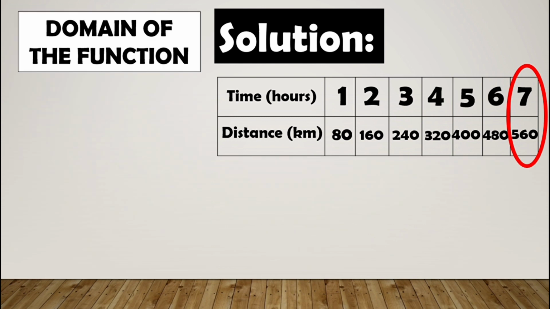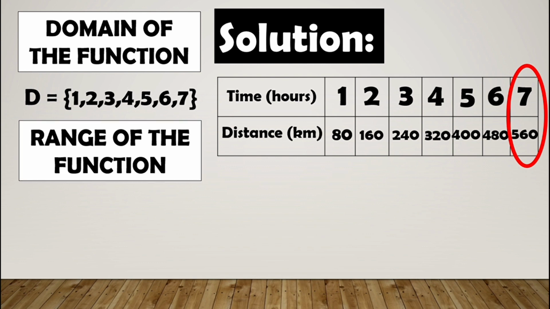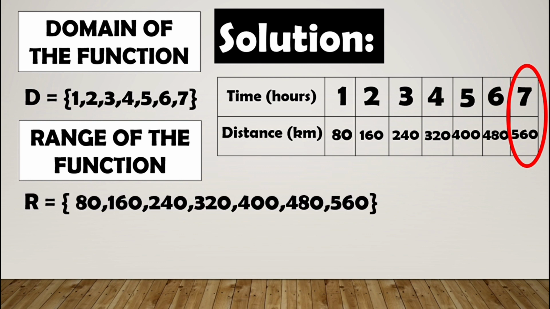The domain of the function consists of 1, 2, 3, 4, 5, 6, 7, while the range of the function consists of 80, 160, 240, 320, 400, 480, and 560.